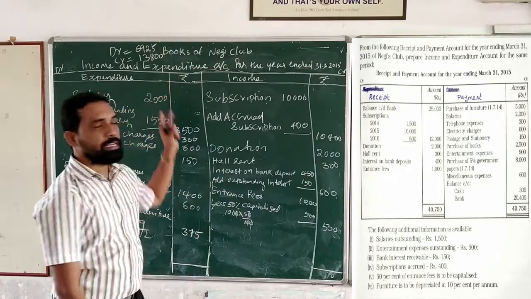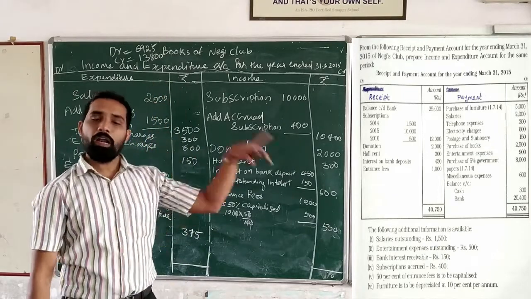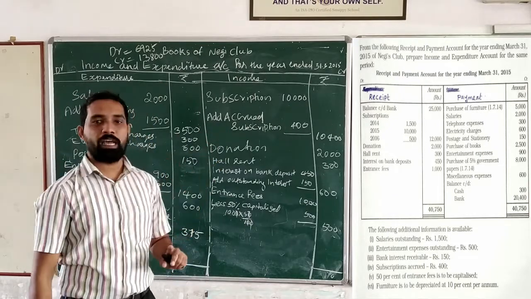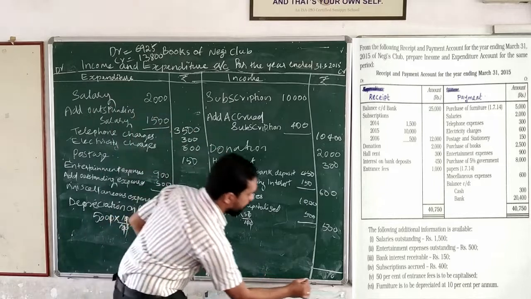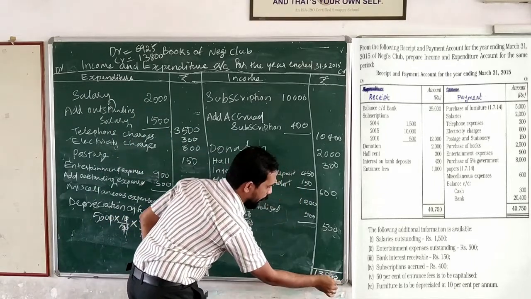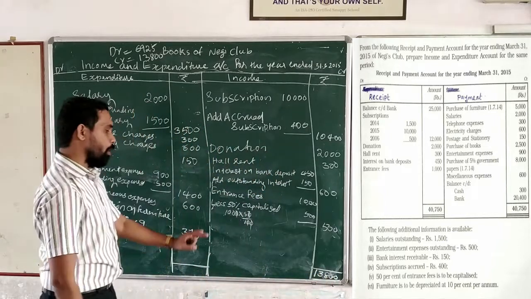Which is the highest amount, credit side or debit side? Credit side, that is the income side, is the highest amount. How much rupees? 13,800. So we can write 13,800 on both sides.